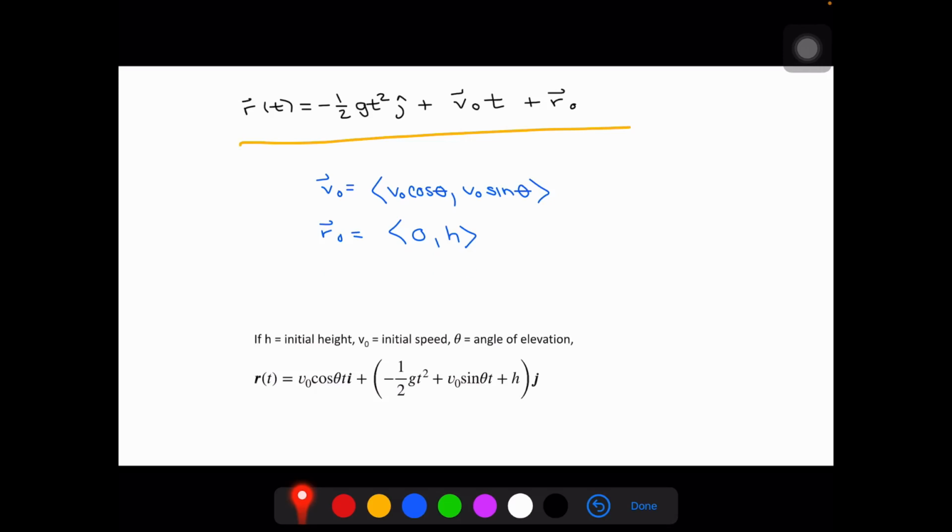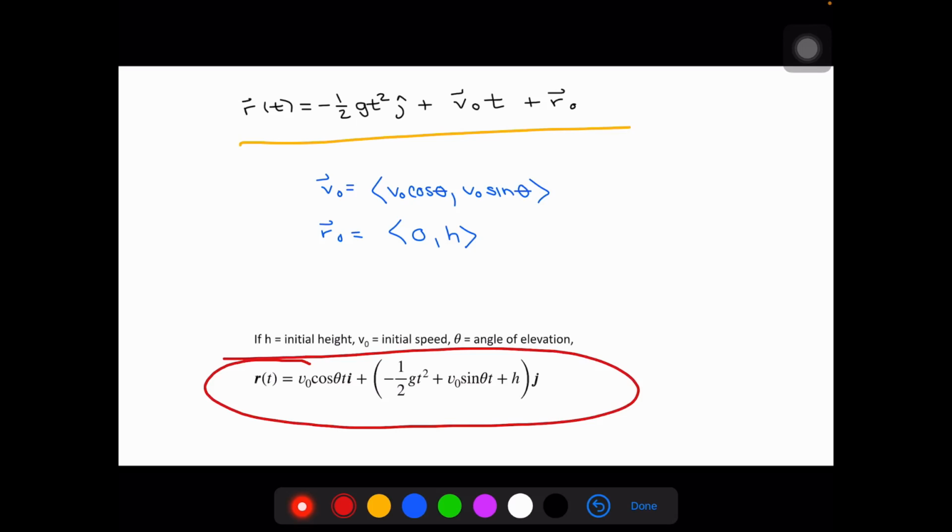So plugging those things in, finally at the bottom of the screen, there's my formula for projectile motion. It's a vector valued function where the x component is just v naught cosine theta t, and then the y component includes that term that comes from gravity, so negative 1/2 gt squared, and then the plus v naught sine theta t, and then finally plus h, which was our initial position.